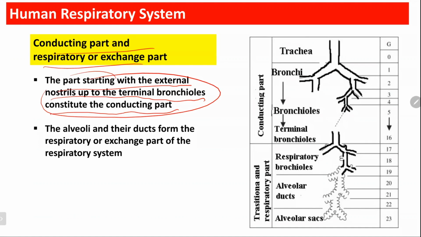It will be just carrying atmospheric air. And as far as alveoli and their ducts, alveolar ducts, you can say, these are involved in respiratory exchange of gases. Therefore, this is called the respiratory part.